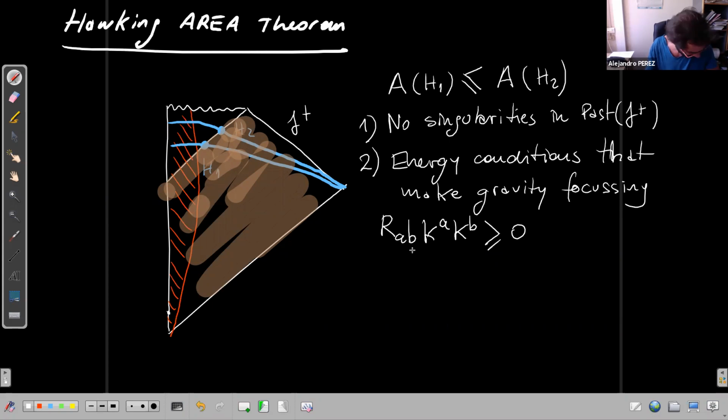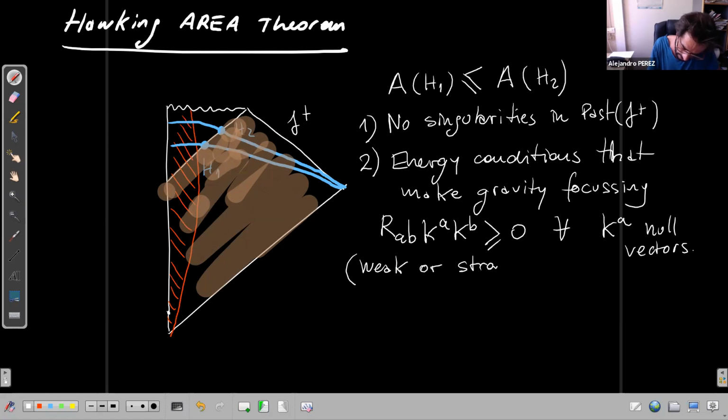This is the Ricci tensor for all null vectors k^a. This is valid if you assume the validity of Einstein's equations with the weak or the strong energy conditions, which is satisfied by regular matter, of course.